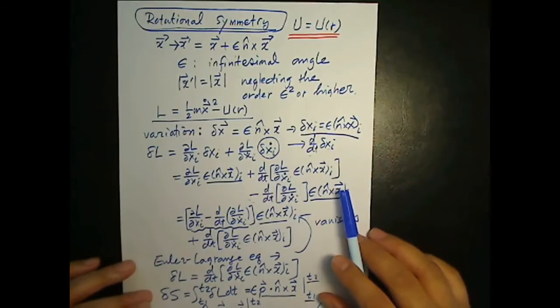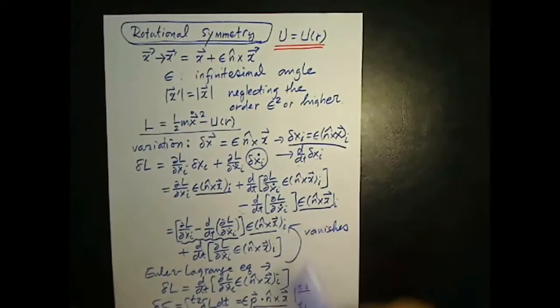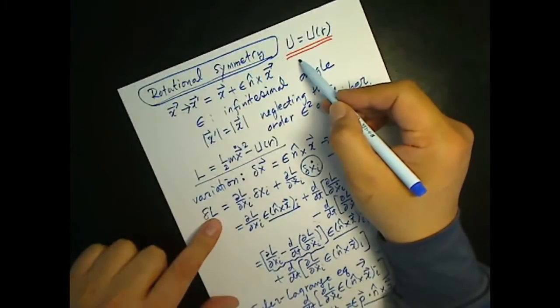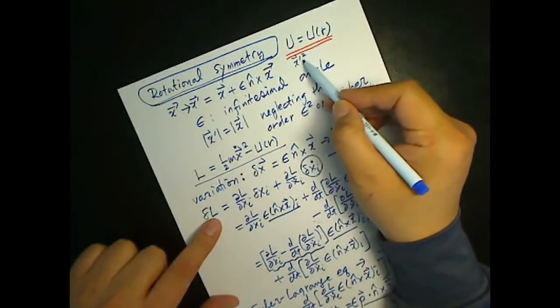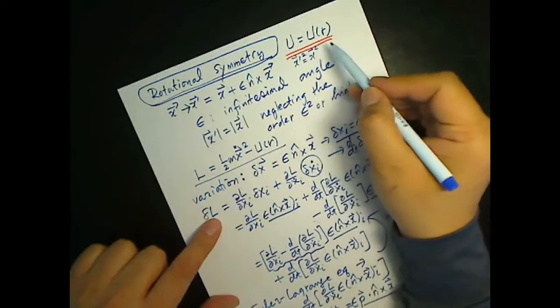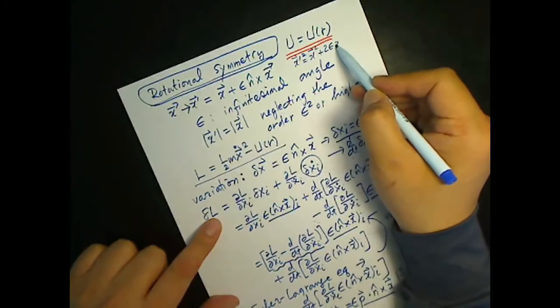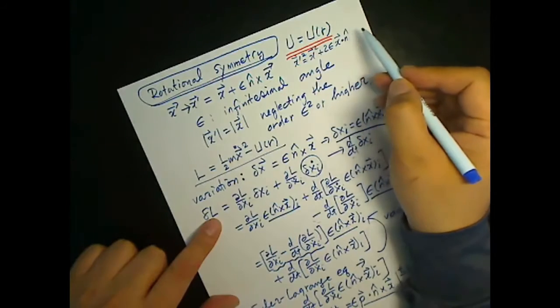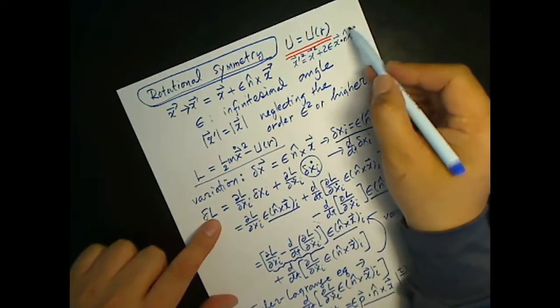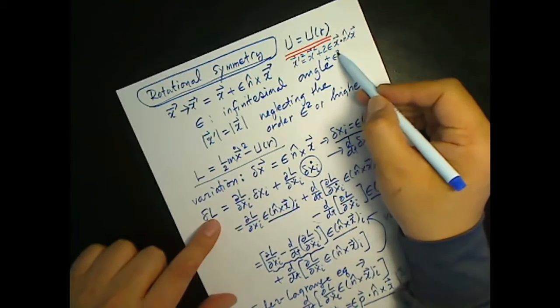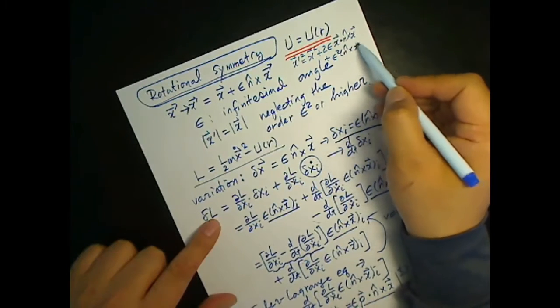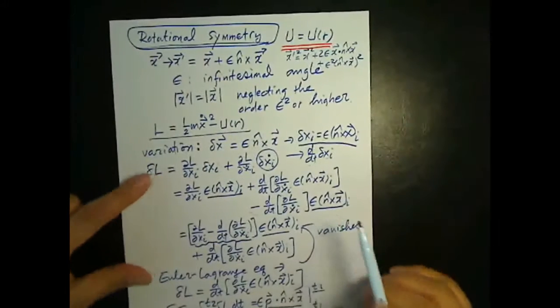If I compute the magnitude of this vector, the square of x prime is x squared plus 2 epsilon x dot (n hat cross x) plus epsilon squared times (n hat cross x) squared, something like that.